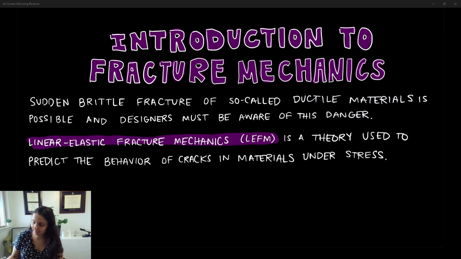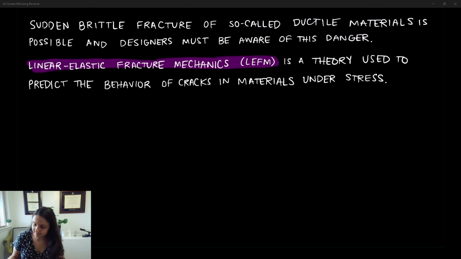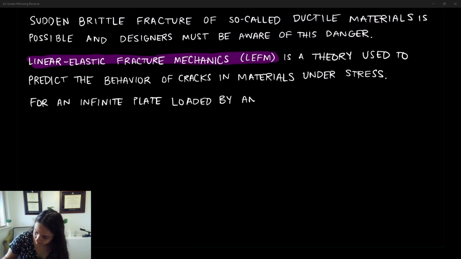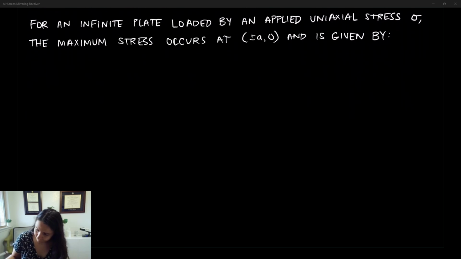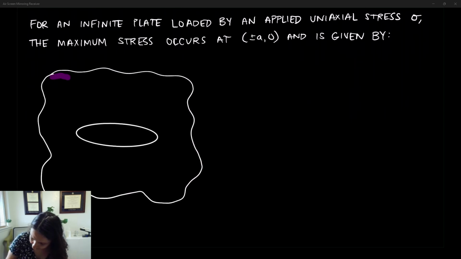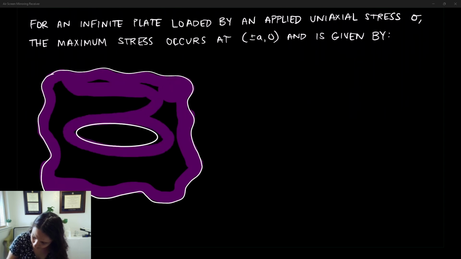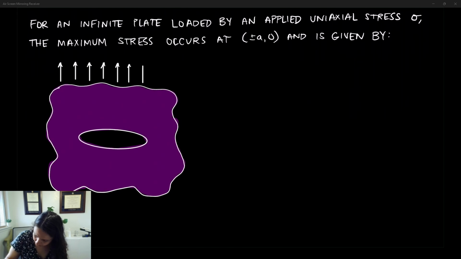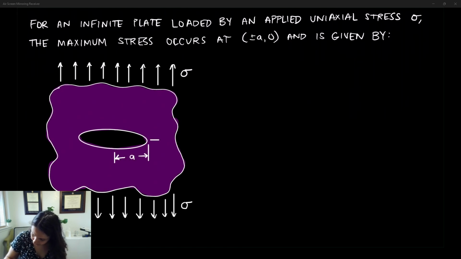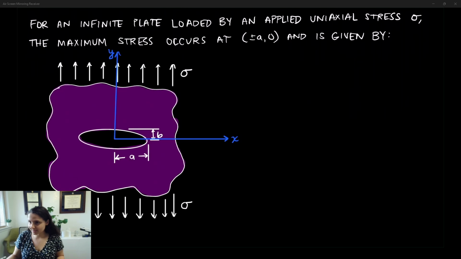You can think of this as like our dog bone sample, and then we're going to introduce a little flaw in the middle of it. All right, here's our diagram of our infinite plate.